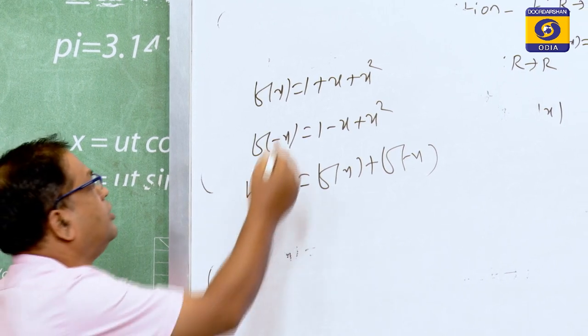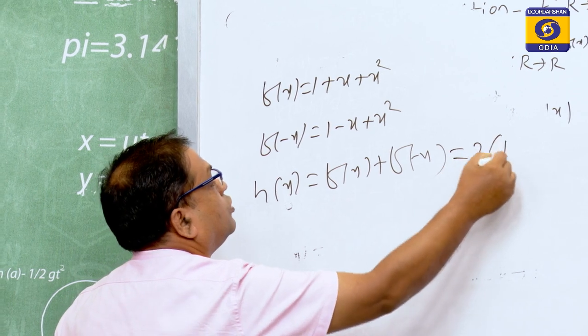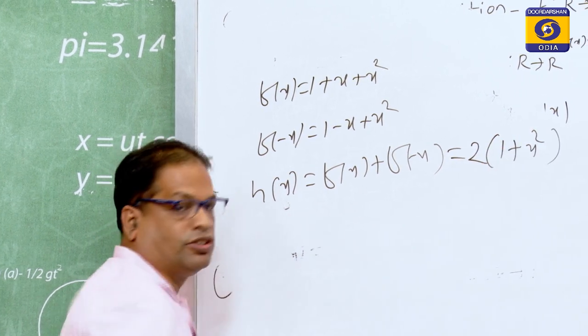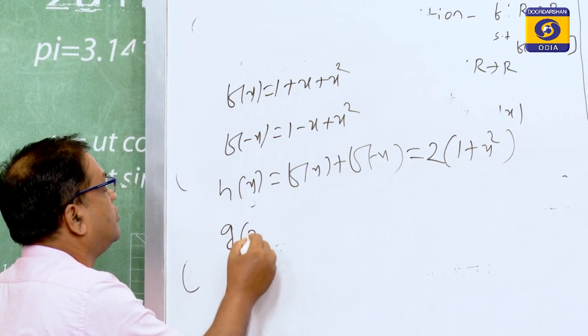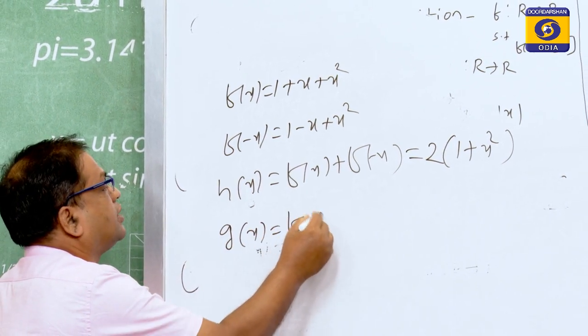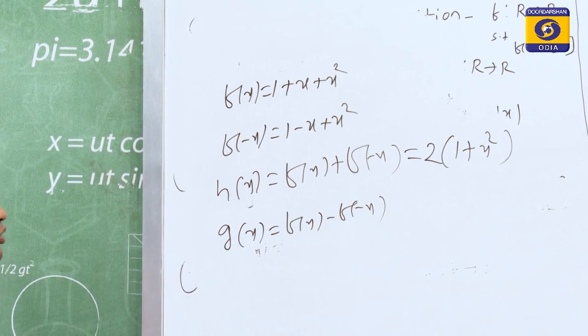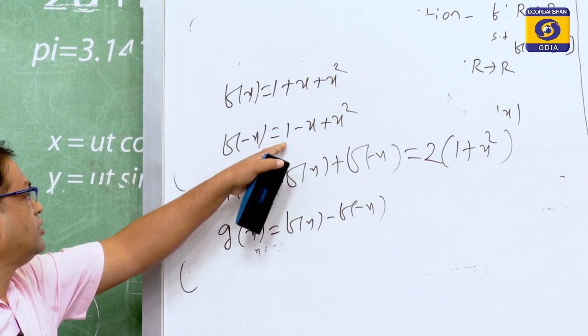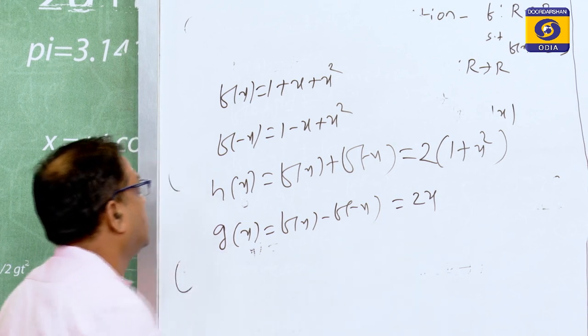If you add this, then x is cancelled out, it will be 2 into 1 plus x square. Now, g(x) is f(x) minus f of minus x, and then 1 is cancelled out, x square is cancelled out, it is 2x.